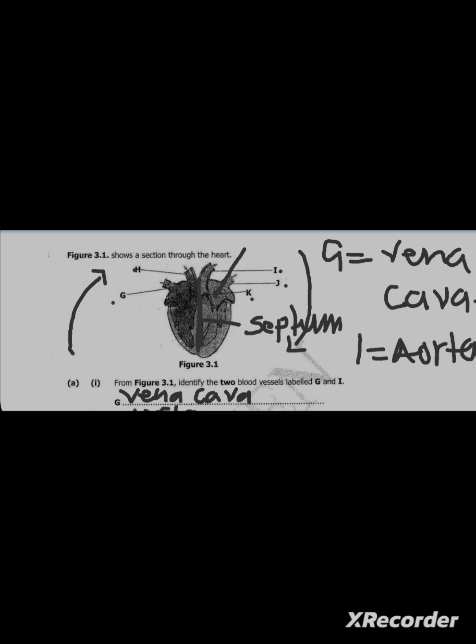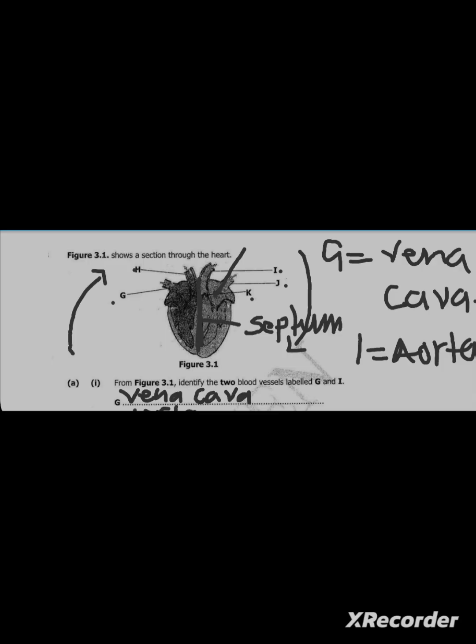Now the blood, once it has been pumped to the rest of the body, will go through the aorta, and it will pass this valve, which we have discussed already, the aortic valve.